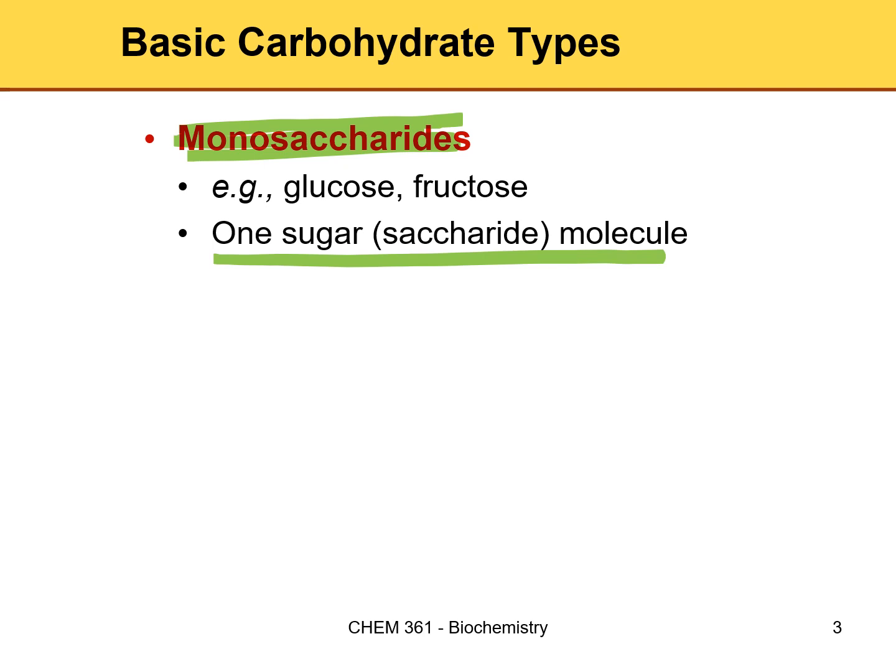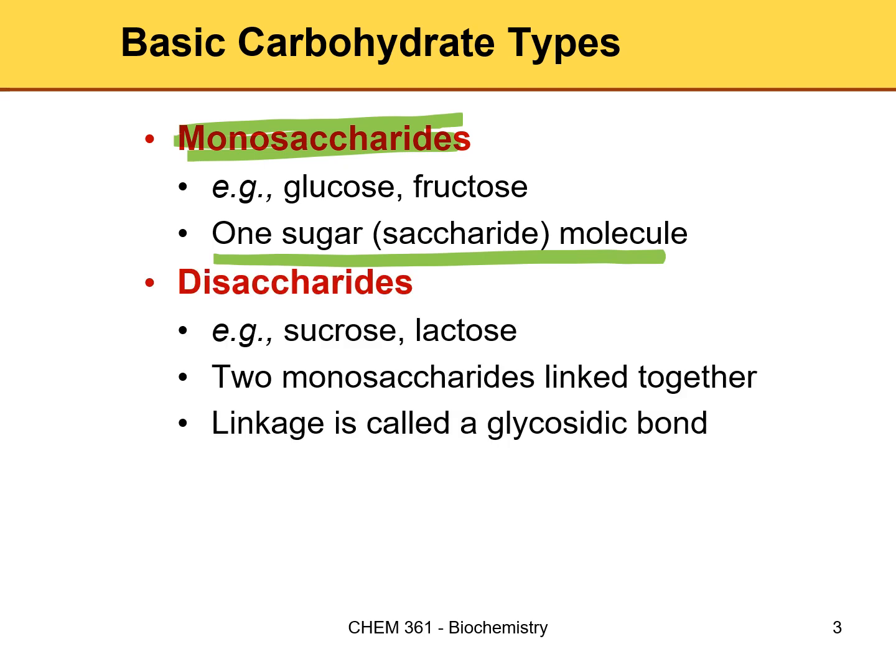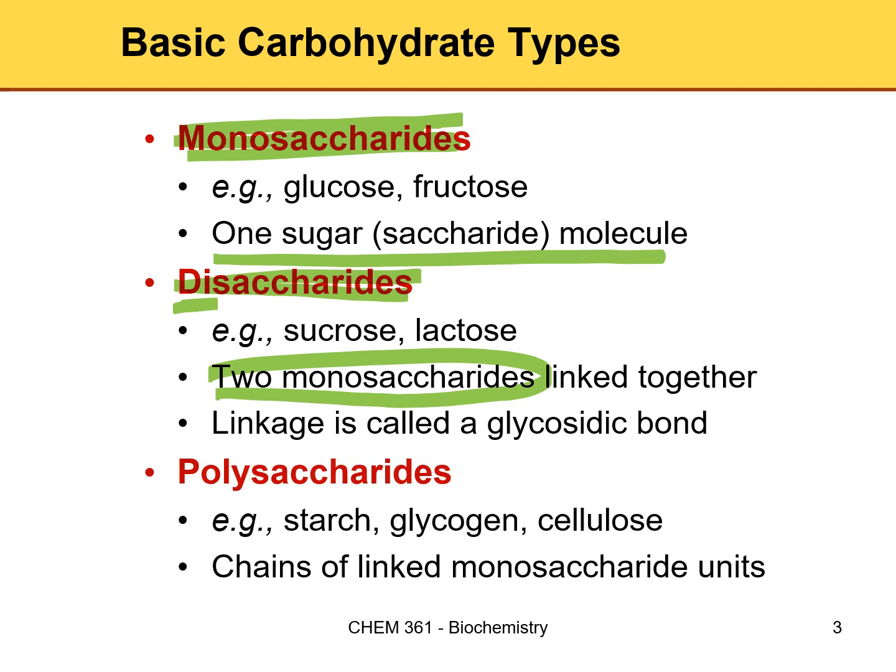Then we have disaccharides, which have two monosaccharides linked together, and we'll talk about examples like sucrose and lactose. The last class, as you can imagine, is the polysaccharides, where poly means chains of many monosaccharides linked together.